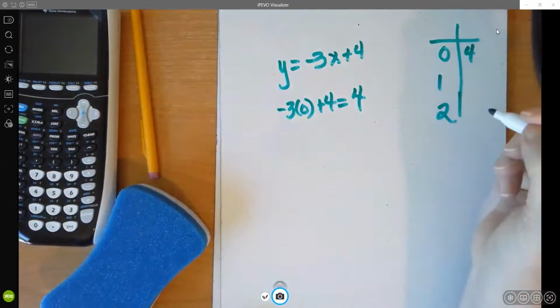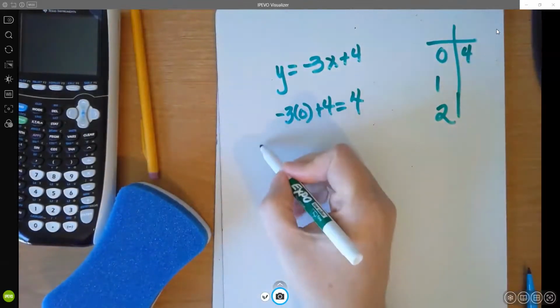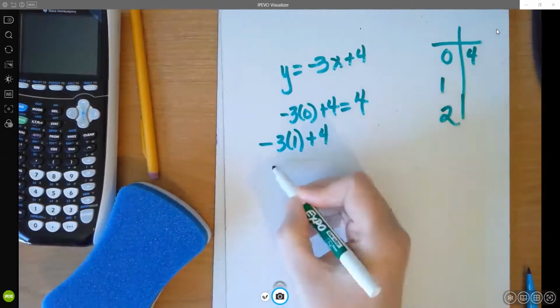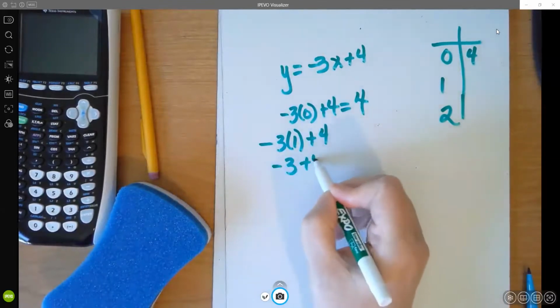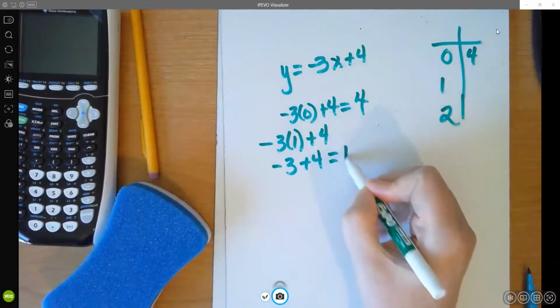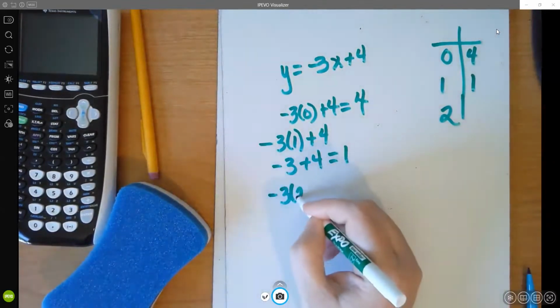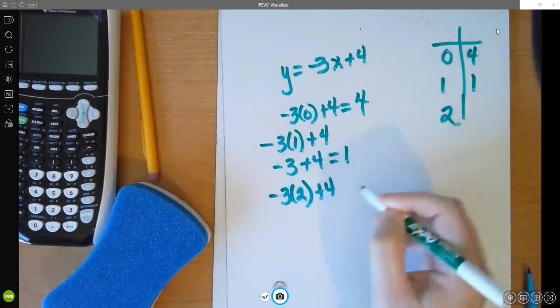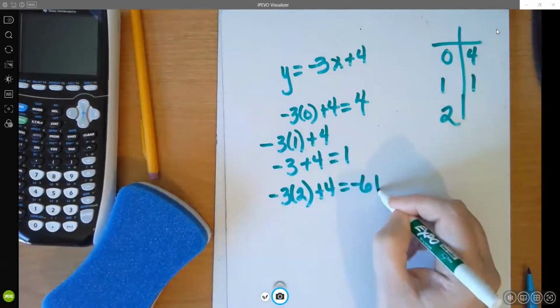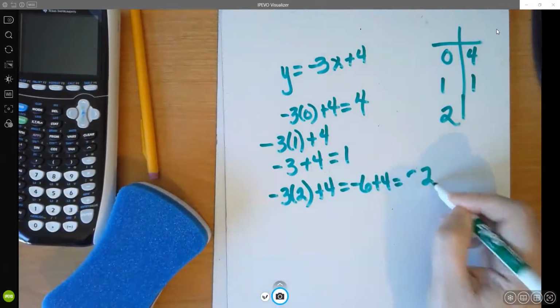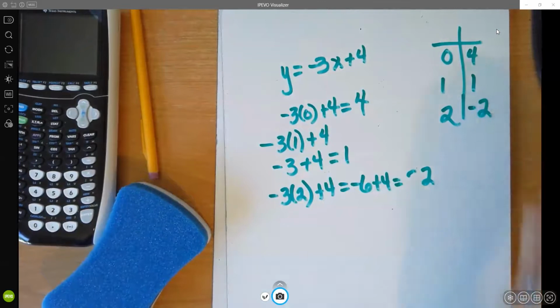We like 0. Those are always easy ones to plug in. 1 is always easy to plug in because that's an easy multiplication, which is negative 3 plus 4, which is 1. And negative 3 times 2 plus 4 equals negative 6 plus 4, which is negative 2.